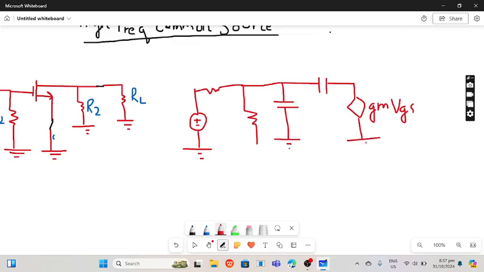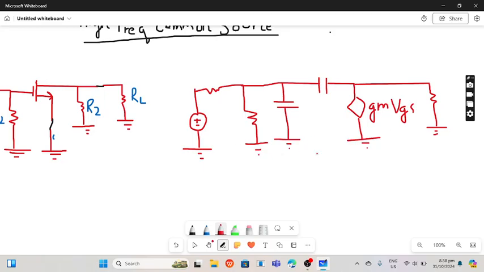We will just place it here. This is our ground, and we will just make it in one combination.